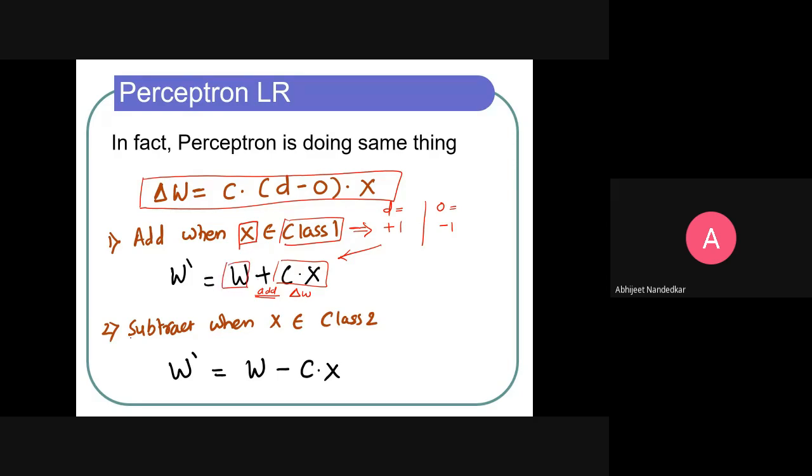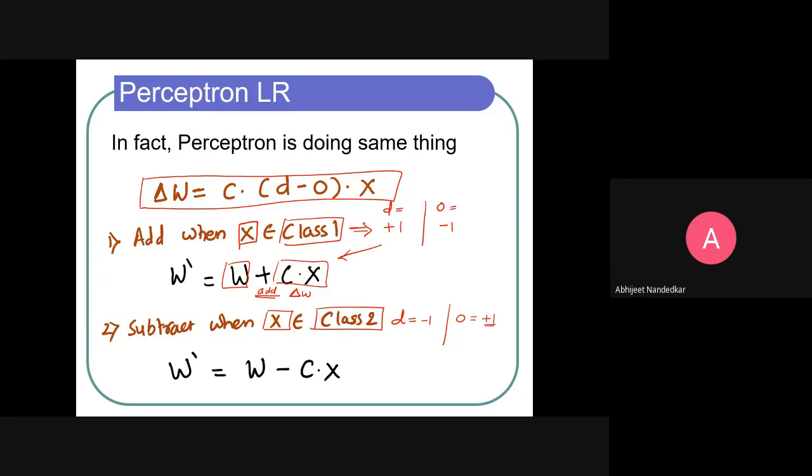Now when your input X belongs to class 2, your desired response is -1, but suppose you obtain +1. So it is exactly the reverse case.